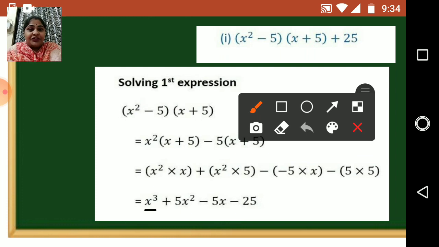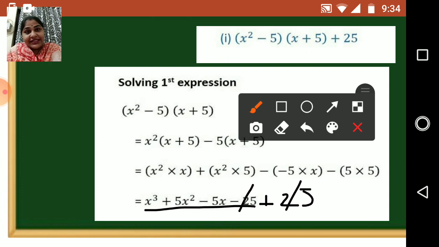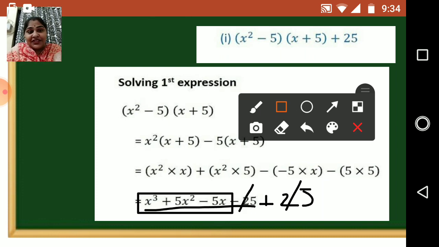After simplifying, this negative 25 and positive 25 get cancelled and the remaining is our answer, that is x cube plus 5x square minus 5x. Now if you see, there are no like terms, so we will keep it as it is.